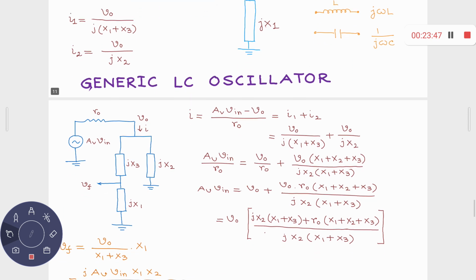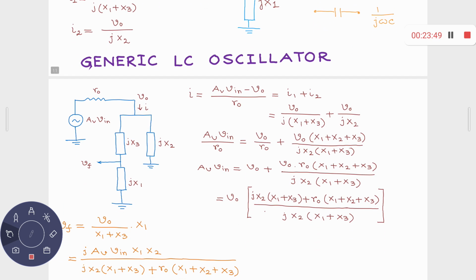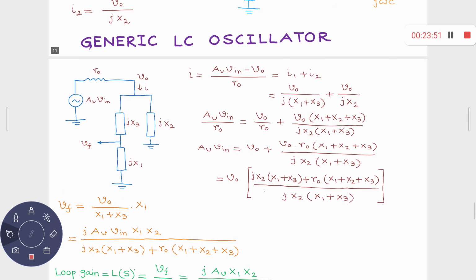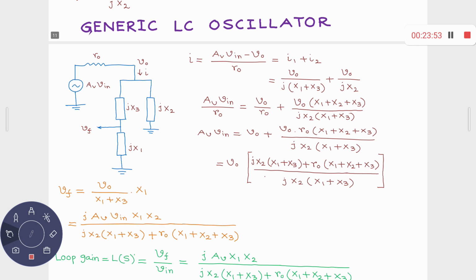Now, once again, let's observe the output side of the amplifier. What do you have on the output side? You already know that there is a gm pi, a voltage dependent current source, in parallel with some R naught.